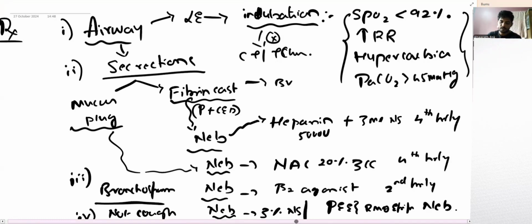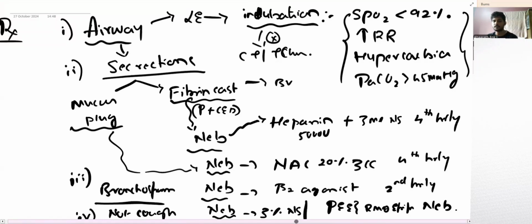Right? But it is a general practice to prescribe asthalin plus budecort nebulization, but try not to give steroid inhalation as a nebulization. Always in burns patients, try to give only beta agonist inhalation. If, for example, the patient was asthmatic and steroid dependent previously, in such cases, you can give a steroid nebulization.